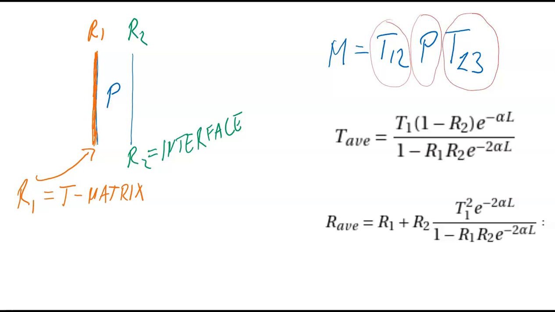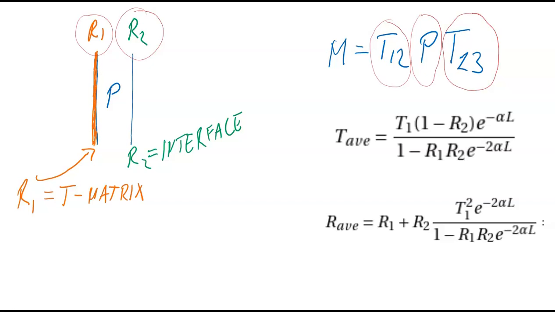The transmittance and reflectance R1 and R2 are either simple interfaces or the reflectance can be calculated with the coherent thin film model.